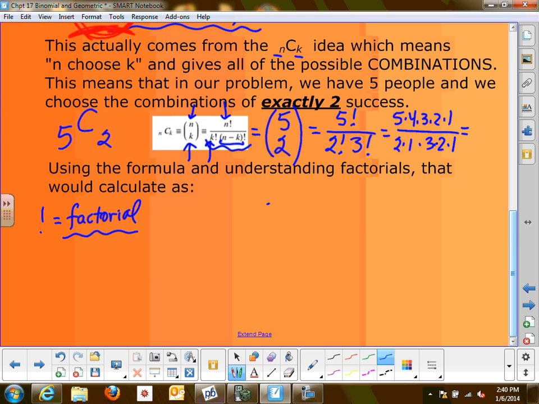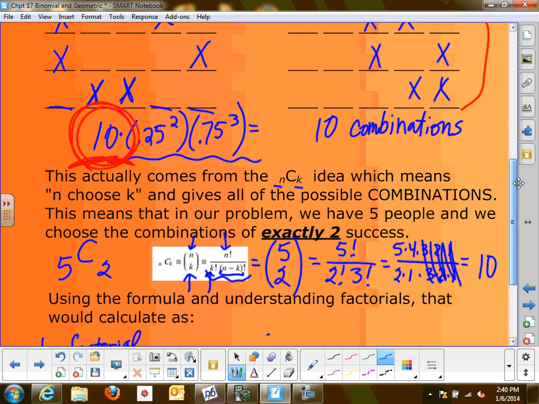Since these are all multiplying and they're factors, we can cancel the things on top with the things on bottom. So I'm going to cancel out 3, 2, and 1. And I am left with 20 divided by 2, which is 10 combinations.